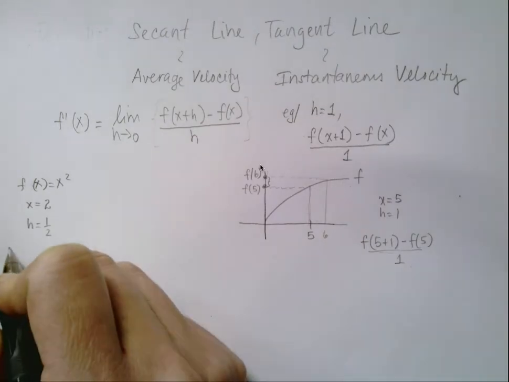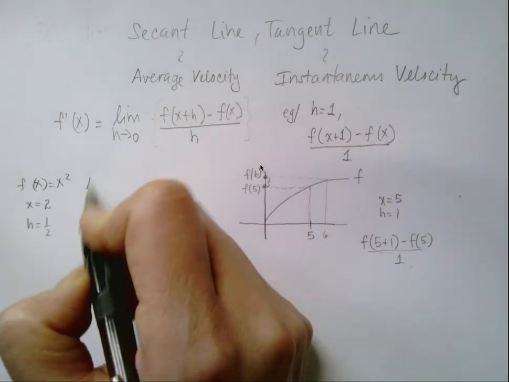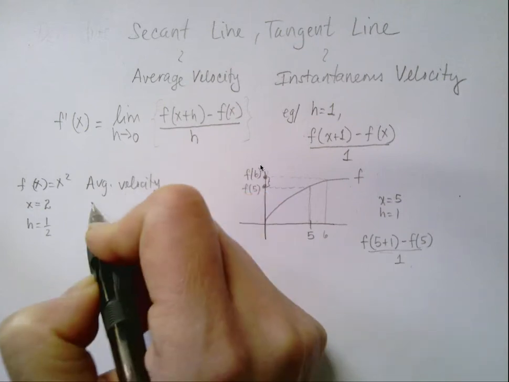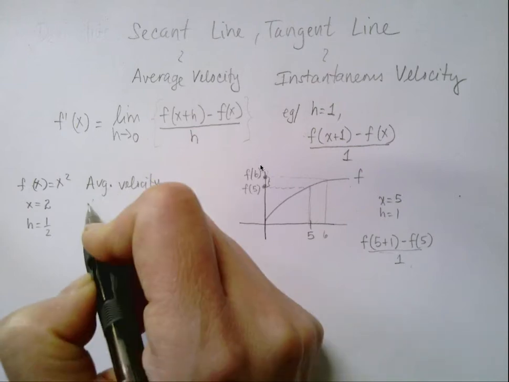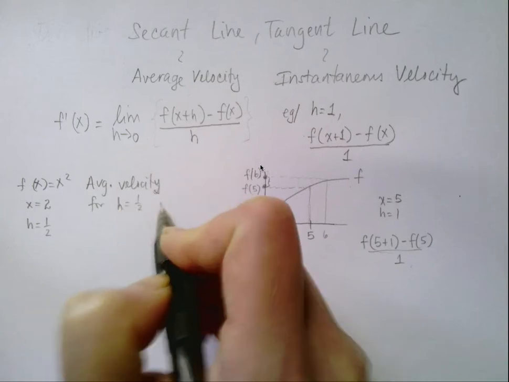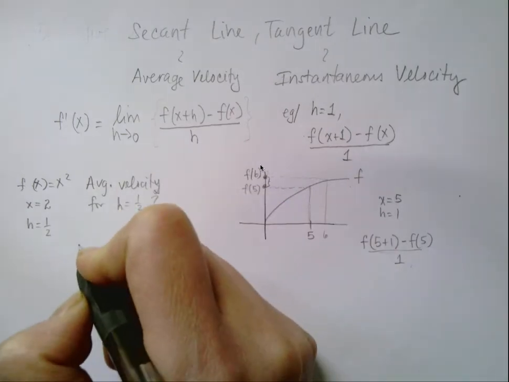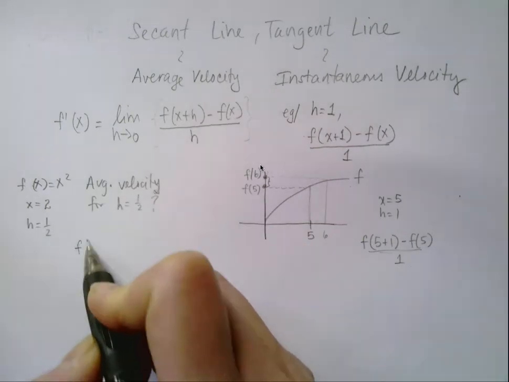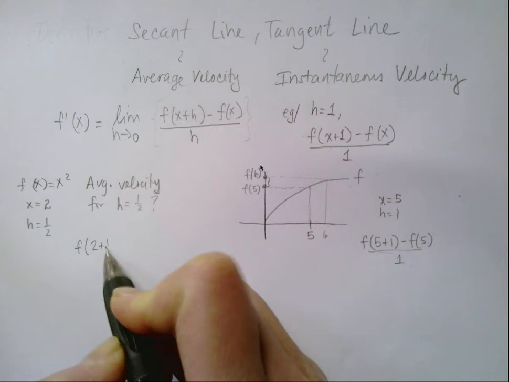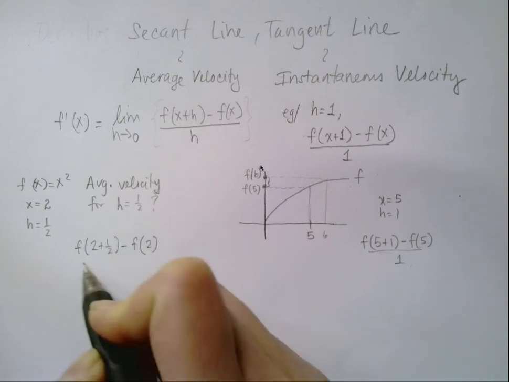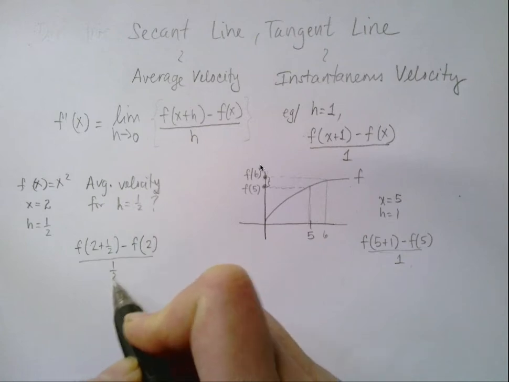What is the average velocity for h equals 1/2? That is, again, we look at this expression, f of 2 plus 1/2 minus f of 2 over 1/2.